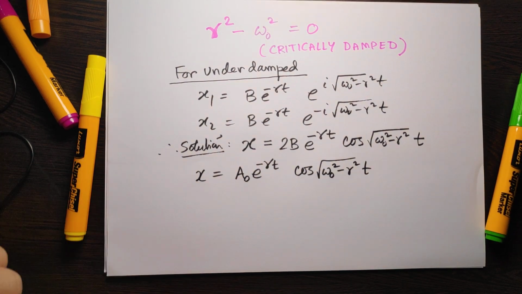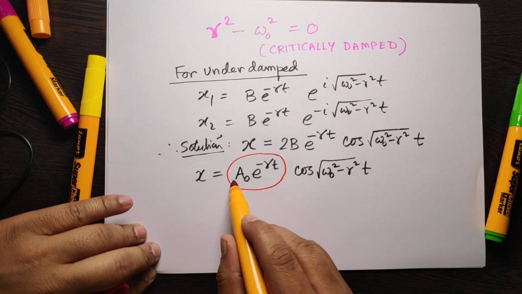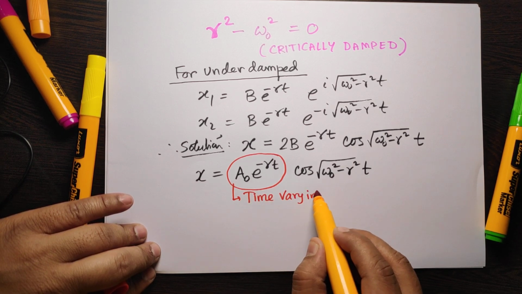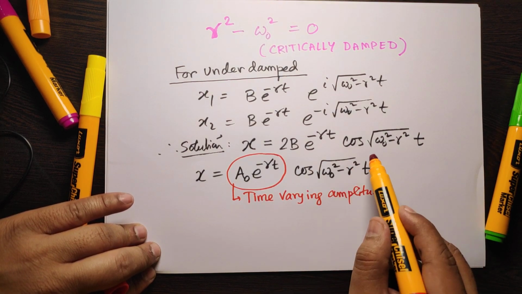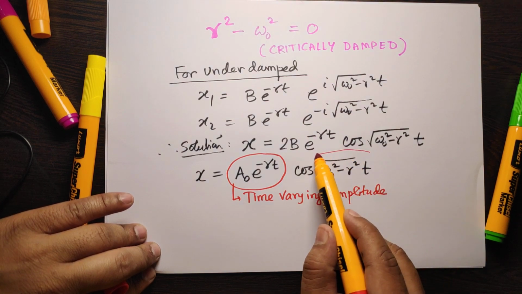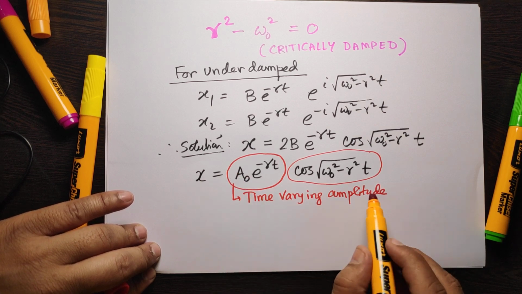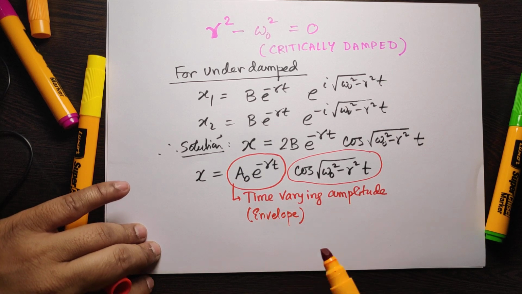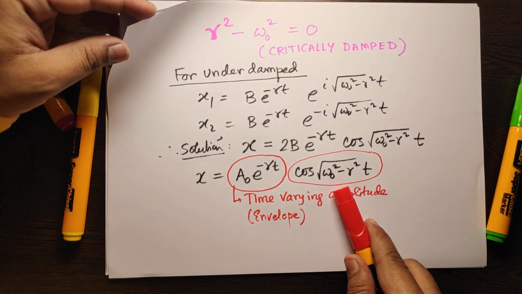Now if you look at this equation, this term is known as the time varying amplitude. This other term goes for the fluctuation, variation. This is also known as the envelope of the curve. I'll just show you how it looks.